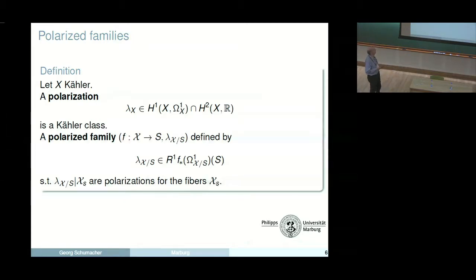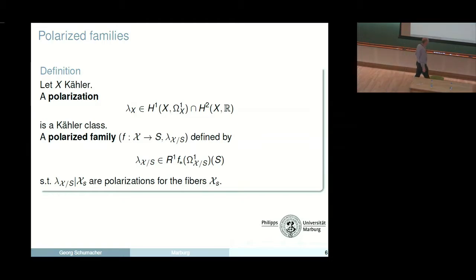For me, it would be a section of R^1 f lower star of Omega^1_{X/S}. And this approach has the advantage that taking base changes and so forth is compatible with the complex analytic methods. And the restrictions to the fibers are by assumption polarizations for the fibers.